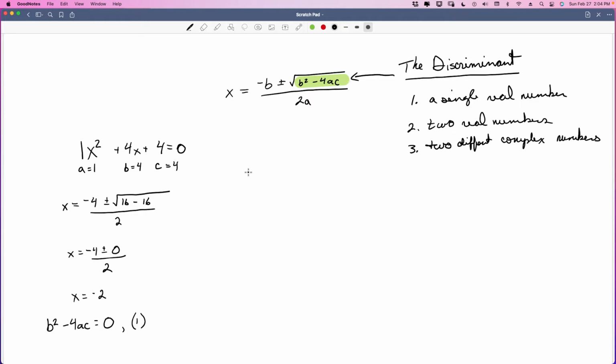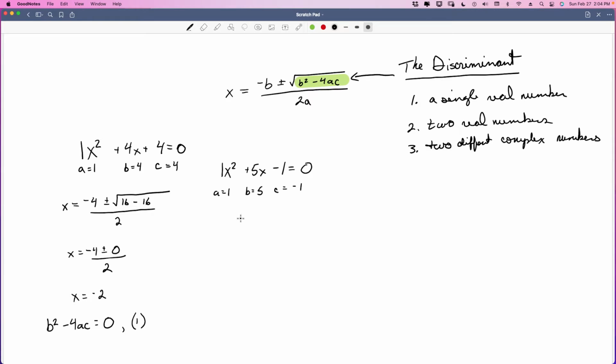So let's try it with another scenario. If we have x squared plus 5x minus 1 equals 0, we have our 1 here, so a is equal to 1, b is equal to 5, c is equal to -1.